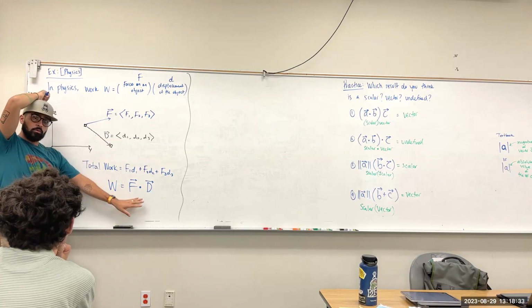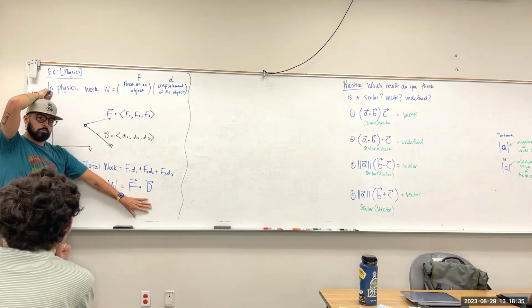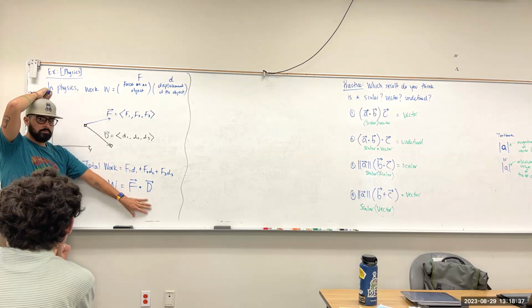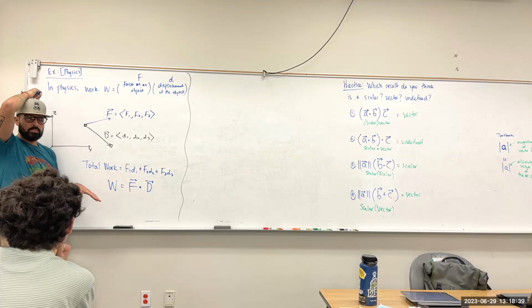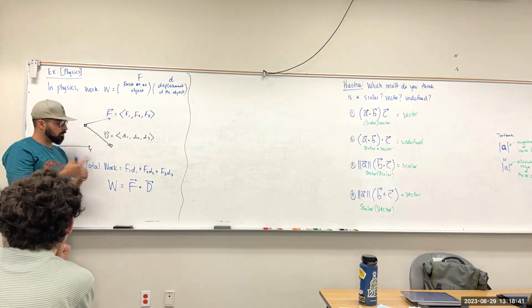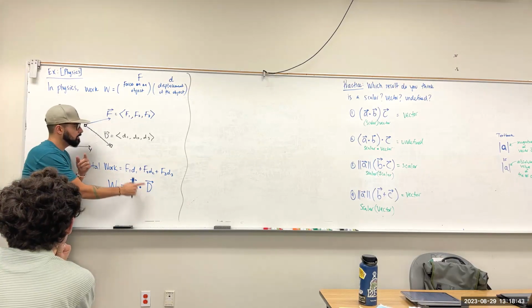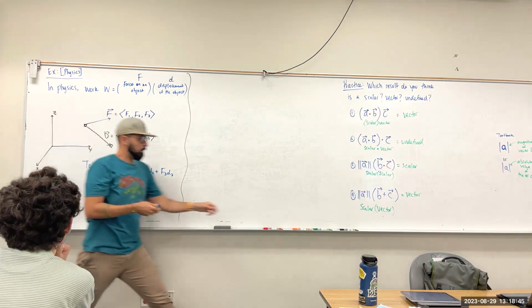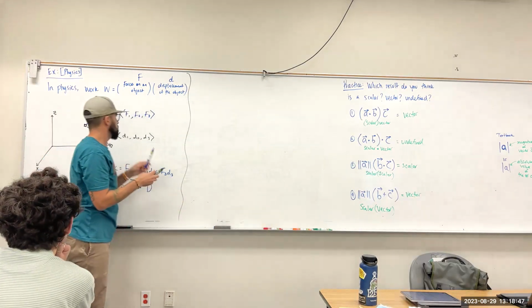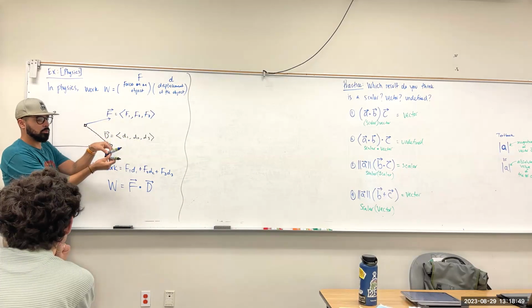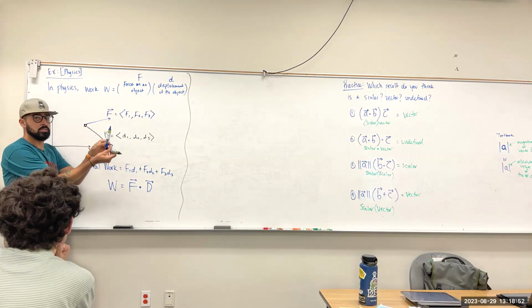So that will result in work being 0, because nothing was really being done. We're going to see how that happens. So there's going to be some relationship between the dot product and the relationship that the two vectors have in terms of how they relate to each other in the direction that they're pointing.